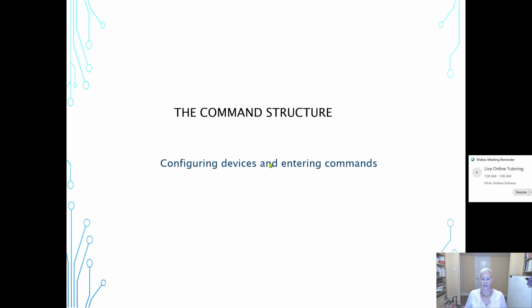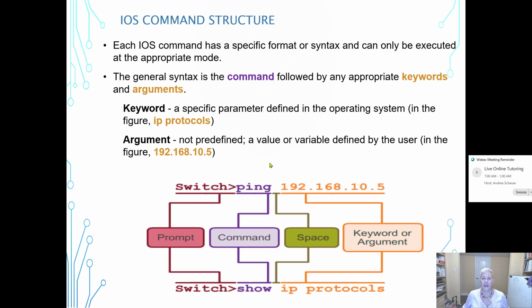So we're going to configure devices and enter commands. Each operating system command has a very specific format. This is called a syntax. And if I'm not mistaken, that's actually a question on one of the brain teasers. The general syntax is the command, followed by any appropriate keyword or argument. A keyword is a specific parameter defined in the operating system.